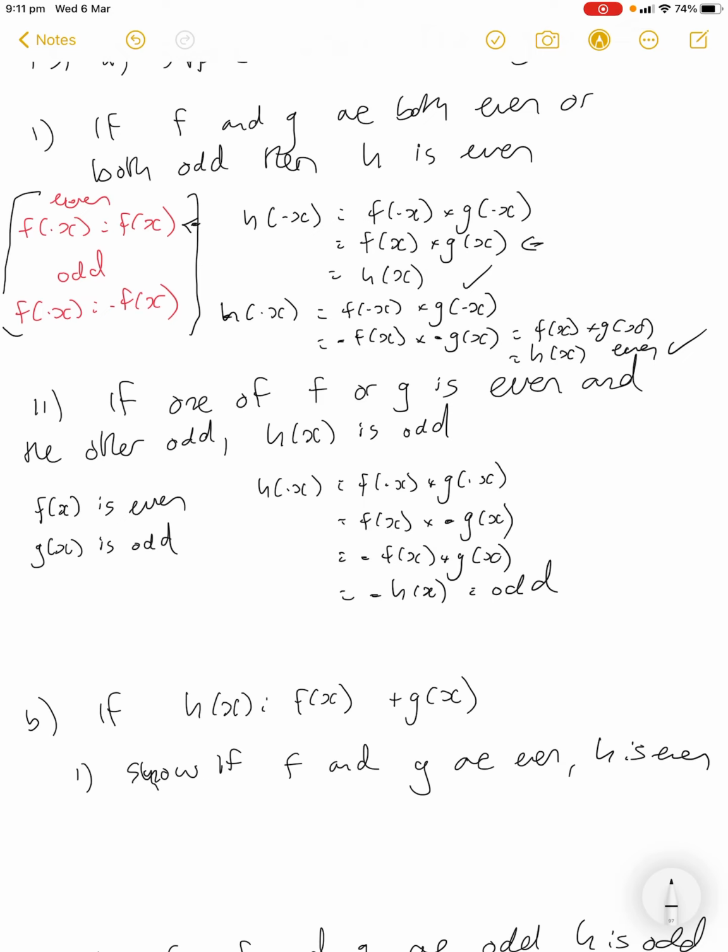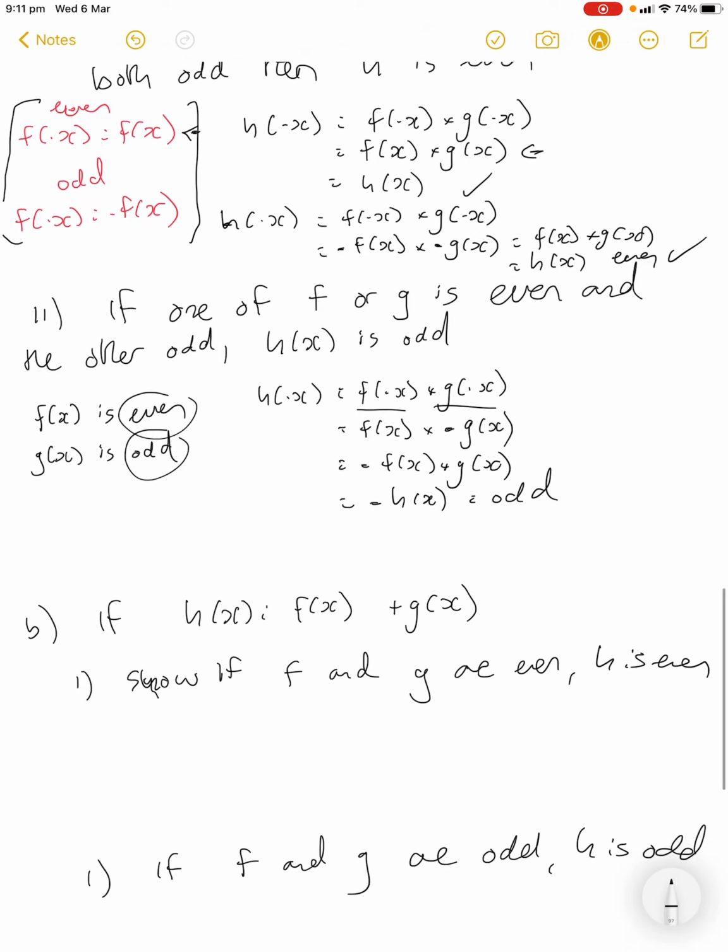And this would work regardless of which way around we have it. Because multiplication is commutative, the order doesn't matter, so it doesn't matter if we make f odd and g even.